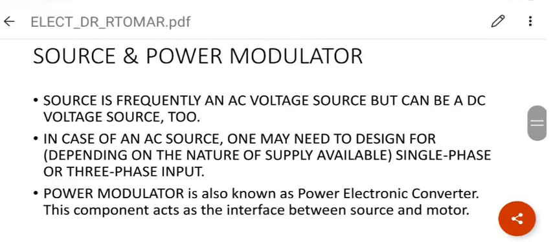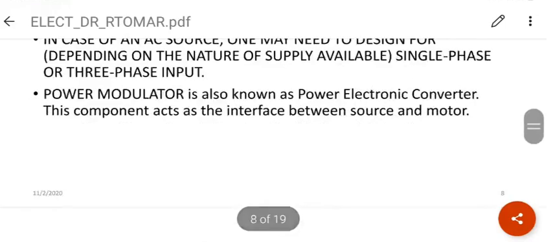Source obviously can be an AC voltage or DC voltage. In case of AC source, as I said already, it can be single phase or three phase. Power modulator or power electronic converter is the interface between source and motor that we saw in the block diagram.